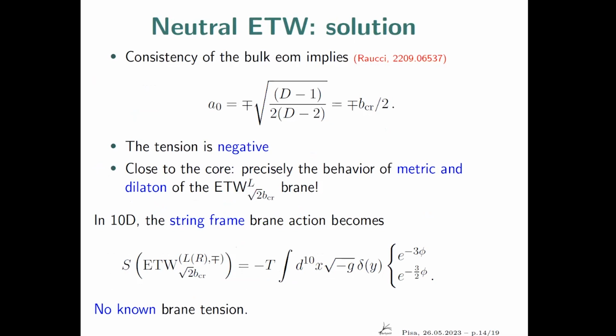And implementing the boundary condition, the tension comes out negative. Close to the core we have slightly different coordinates, but if you express everything in terms of the proper distance from the brane, you find precisely the same behavior for the metric and the dilaton as we found close to the end of the world brane in the previous Dudas-Mourad solution.